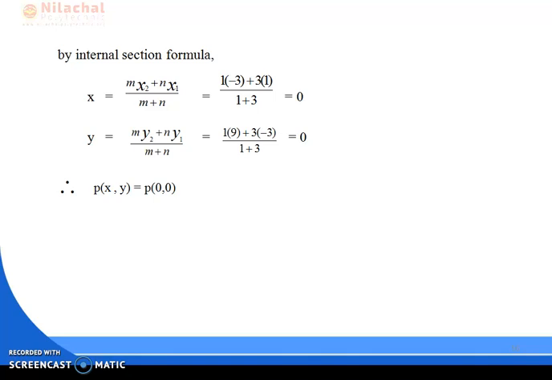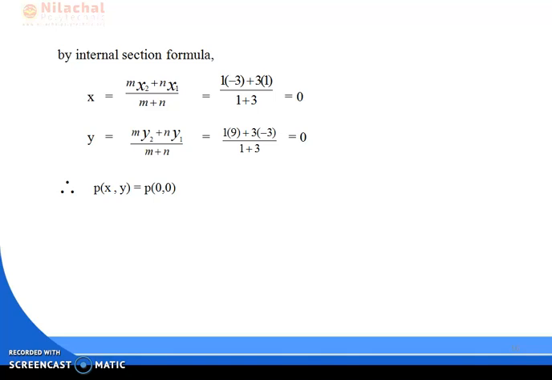The x coordinate is 0. In the same way for y, we put m as 1, n as 3, y2 as 9, y1 as -3. These are given. And m + n, you know, is 1 + 3 which means 4.